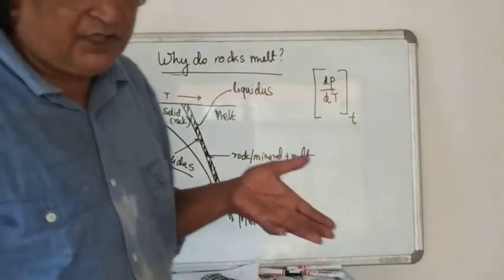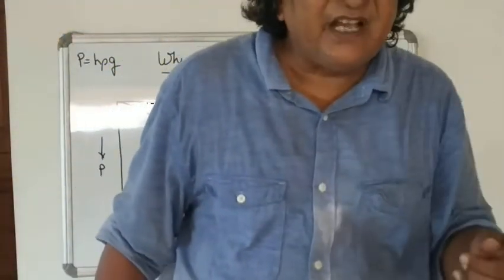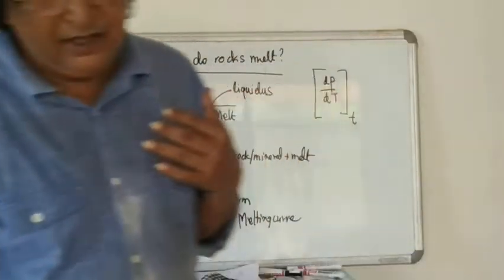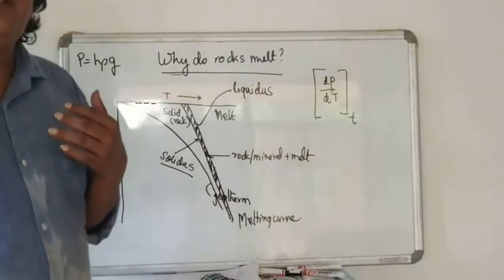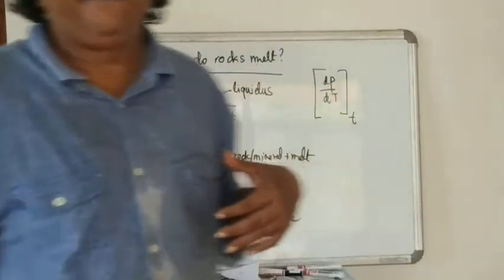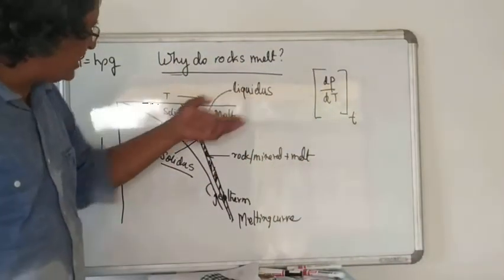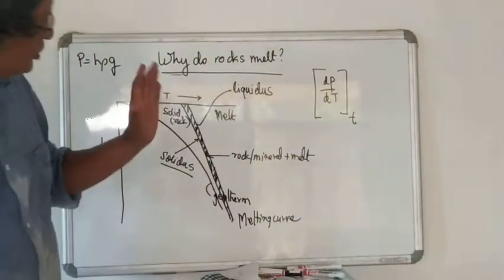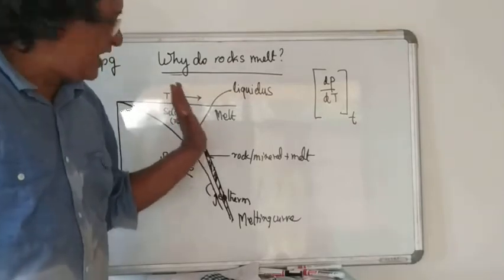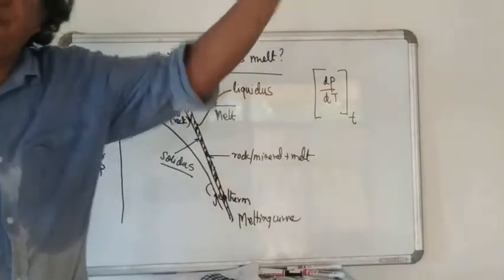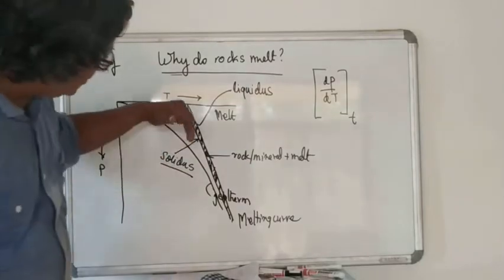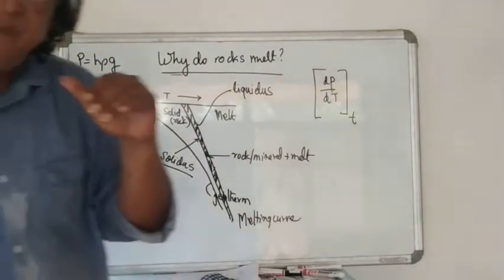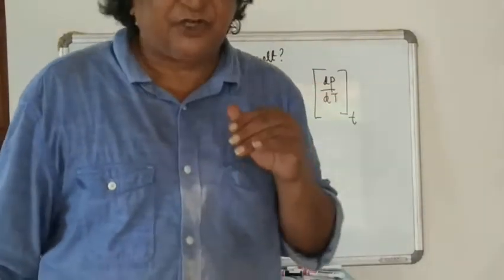We in geology use the terms solidus and liquidus. People in metallurgy will use the terms liquid saturation line and solid saturation line. Liquidus is the line at temperatures above which everything is liquid. And solidus is the line below which, at all temperatures, the rock is solid.